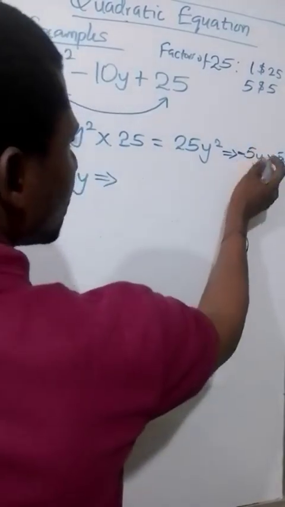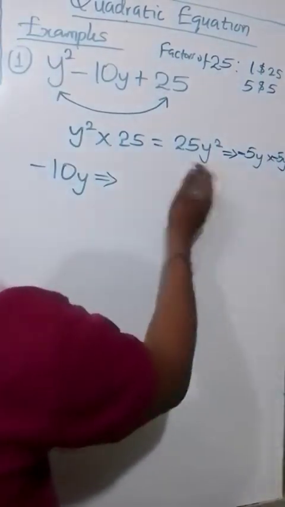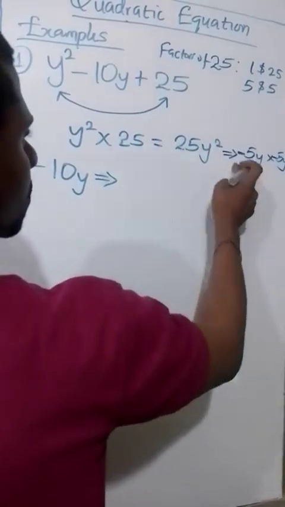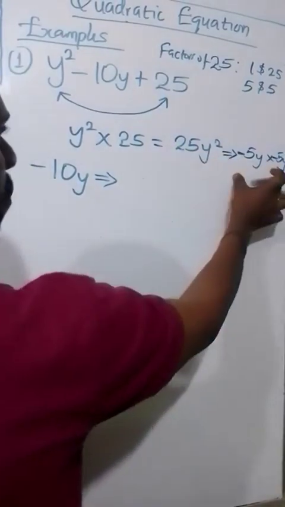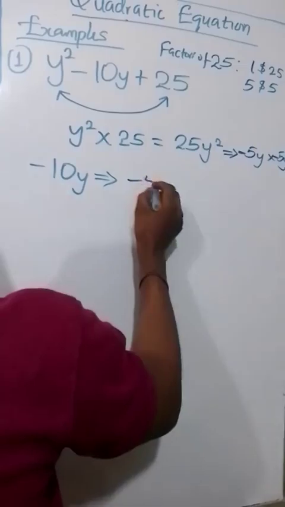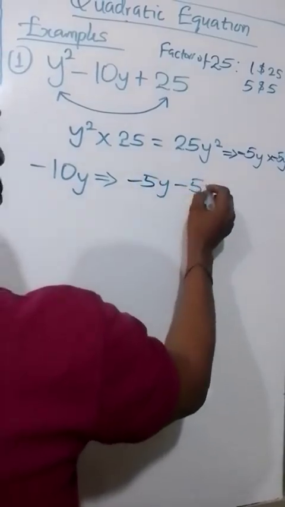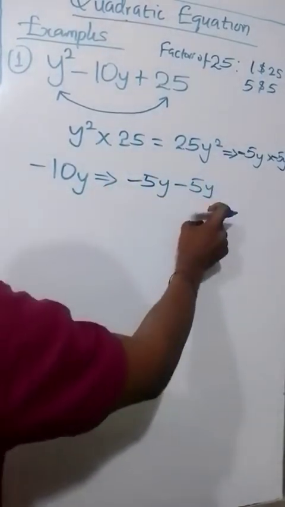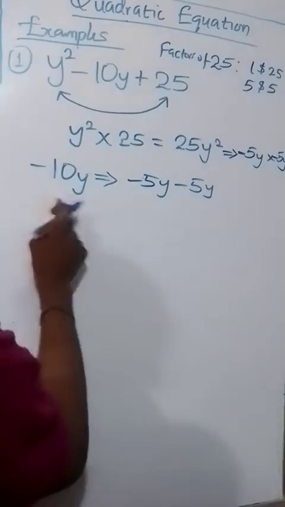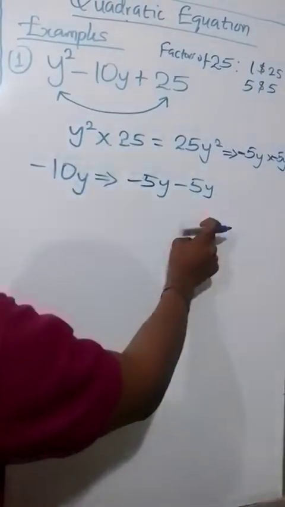Negative 5y times negative 5y, minus times minus gives us plus, so we have 25y squared. If we bring our 5y, removing this multiplication sign, we have minus 5y minus 5y, which gives us minus 10y. Now we have been able to split our minus 10y into 2.